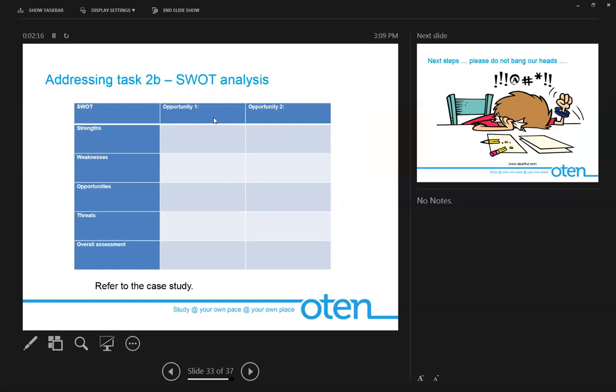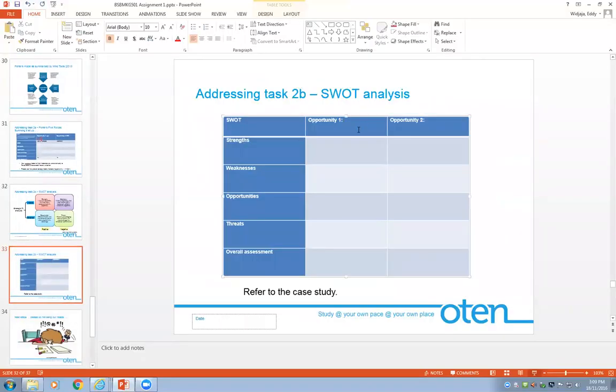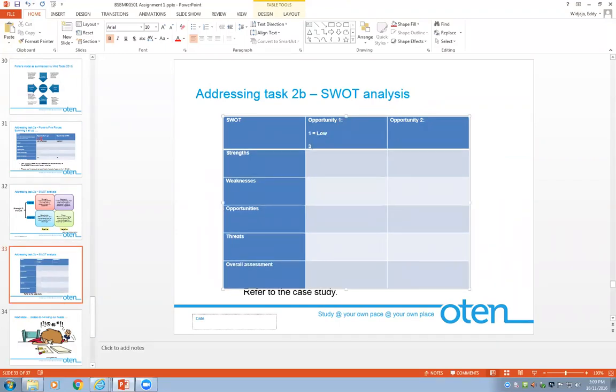Again, you can rate it from 1 to 5, or from 1 to 3, with 1 being low and 3 being high. So what do you think your strength is in that industry? The strength in that industry may be different to the other industry. Let's say we are based in Sydney and one idea is to move to Melbourne.